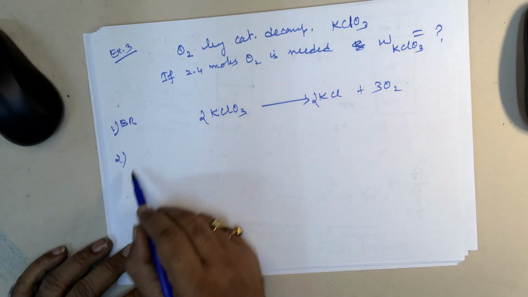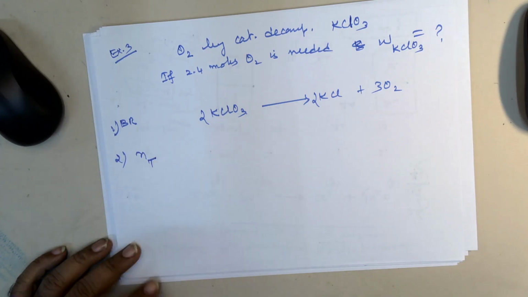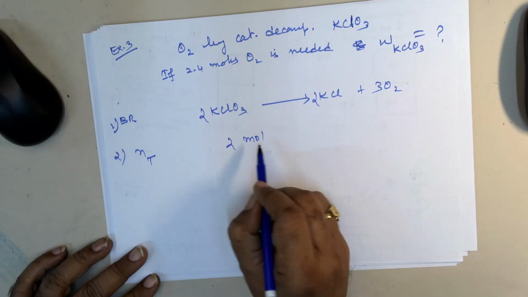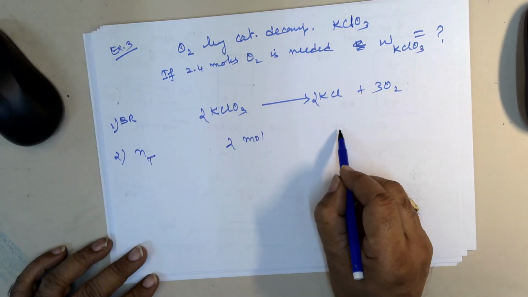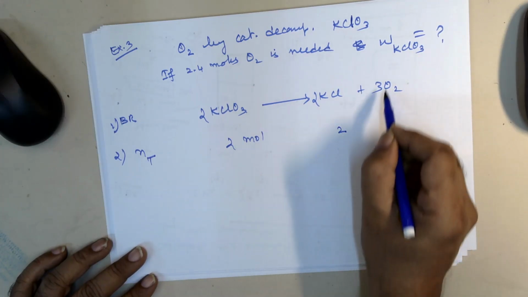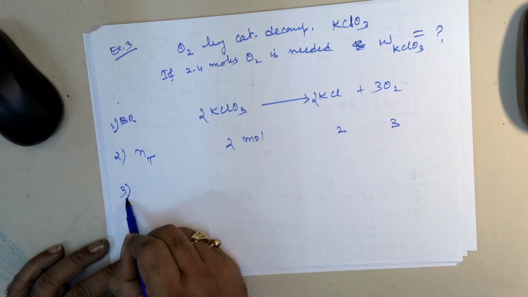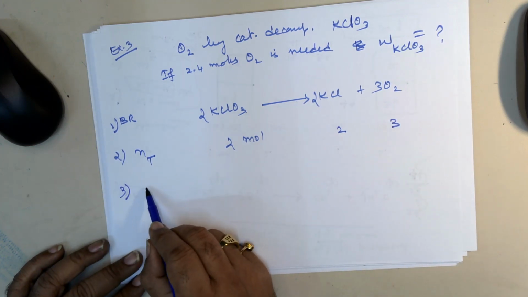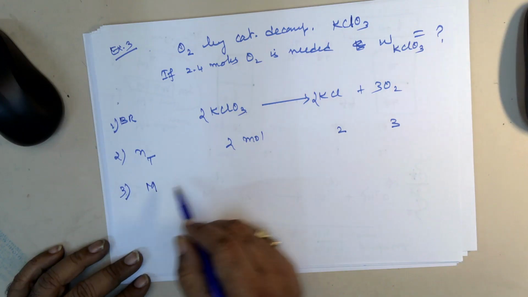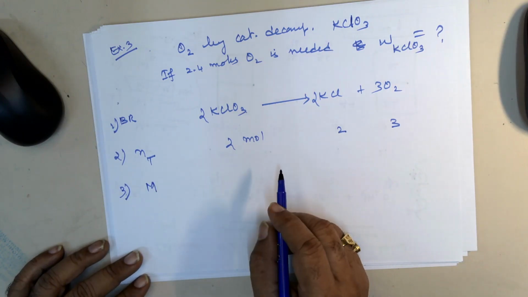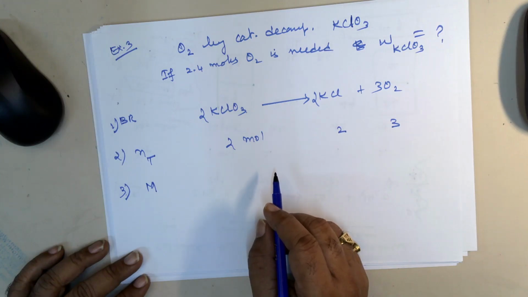Now let us move to number of moles, theoretical moles. How much? 2 mole, right? Now you can tell me. What about this? 2. 2. 3. The next step. Molar mass. What is the molar mass for potassium? 39. Chlorine? 35.5. Plus 3 into 16 for oxygen.